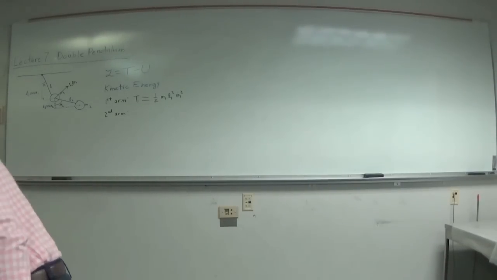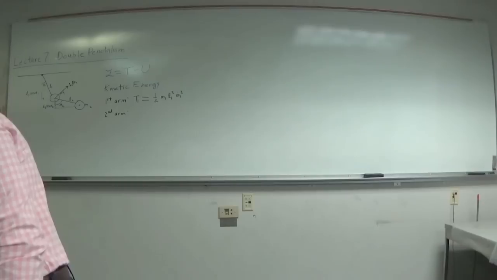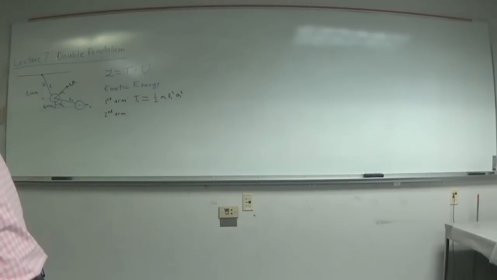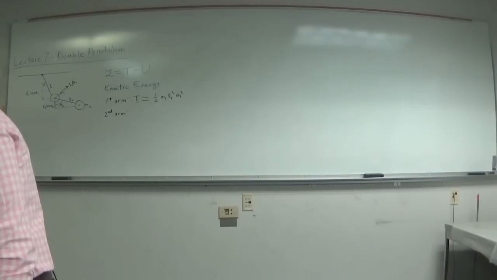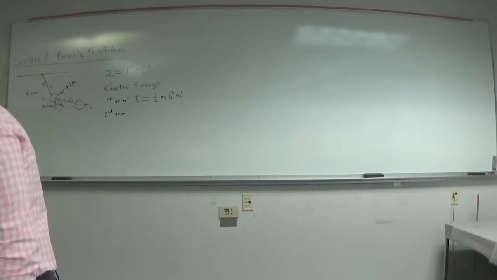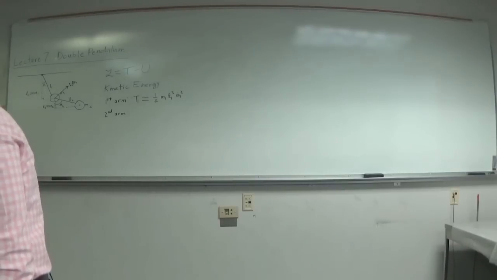So then what's the velocity of that point on the bottom? L1 plus L2 times theta dot. Well, it won't be quite that, right? So it's just stiff, right? So is the velocity of the second arm changing compared to the first arm?